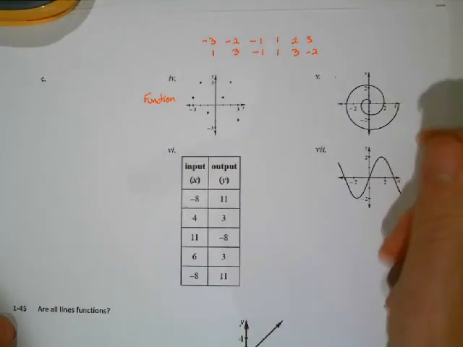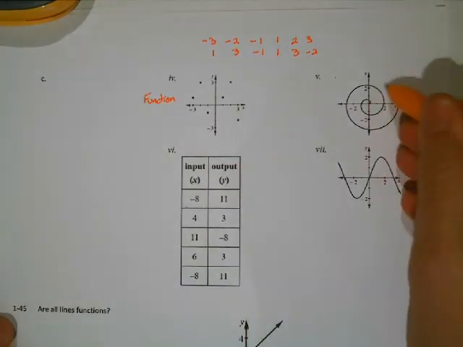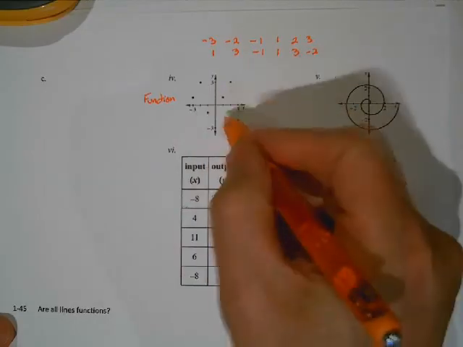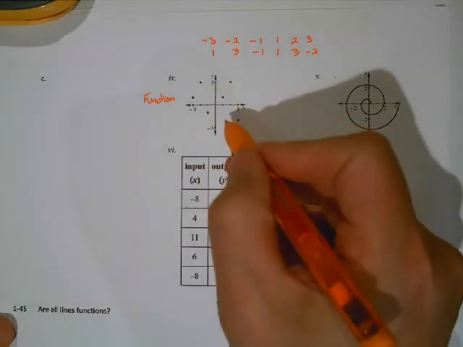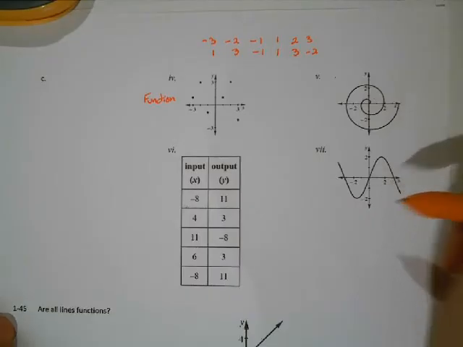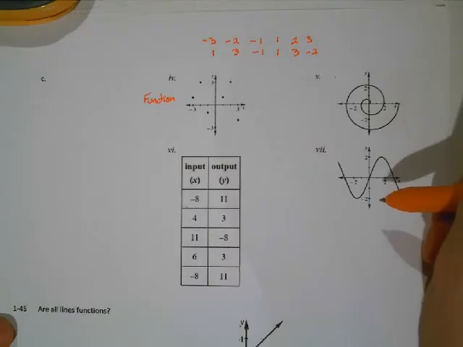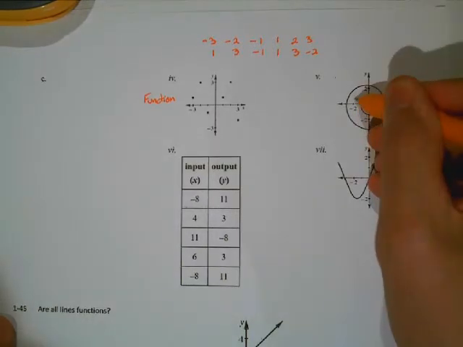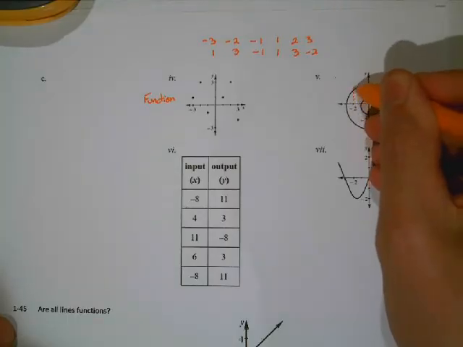Okay, next one. Now this is a line where it's all connected, it's continuous, whereas this one was a discrete function, so we could pick each individual point. This one's continuous. All the points are connected. And we have to ask ourselves, are there any points on here where the x value is giving us 2 different y values? And the answer is yes. Here at negative 2, if I go up here, I've got a point right there.